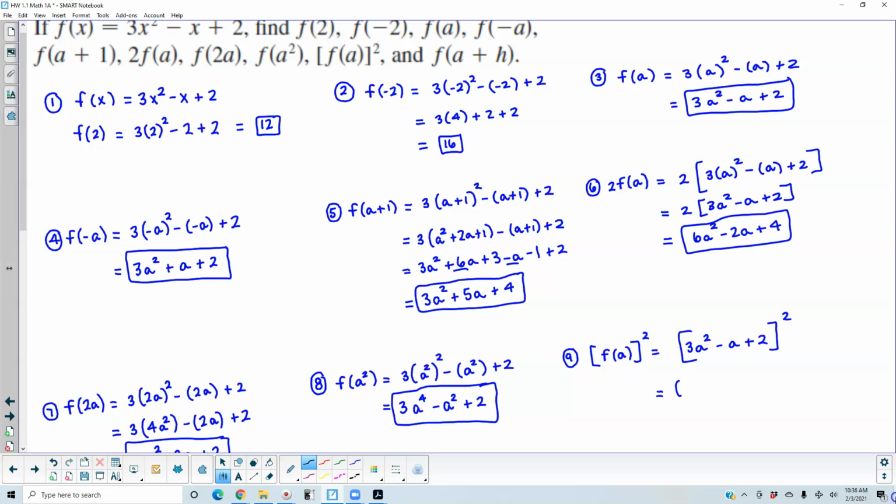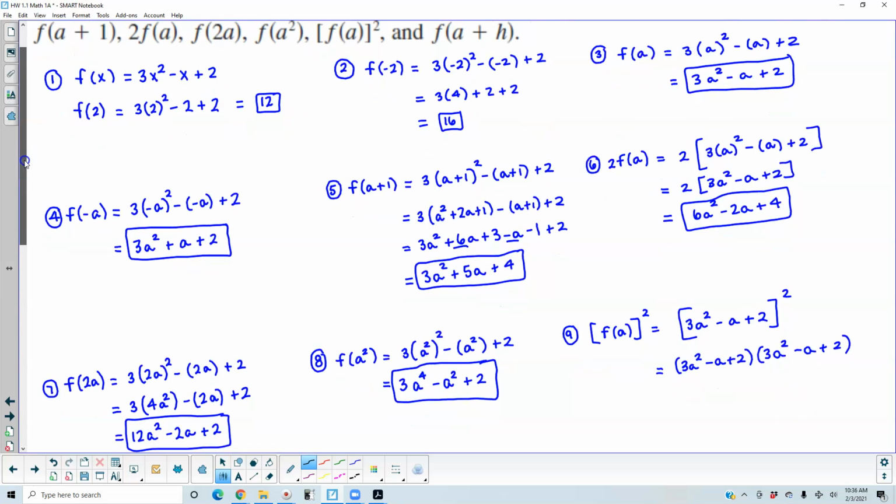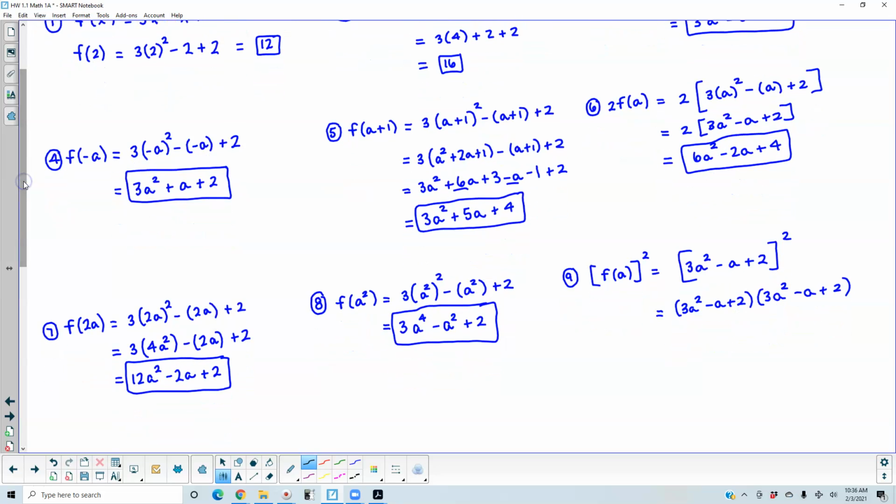Which means we're going to take 3a squared minus a plus 2 and multiply that by itself, 3a squared minus a plus 2. So however way you want to multiply it, you can either use a distributive property. I'm going to use the box method.